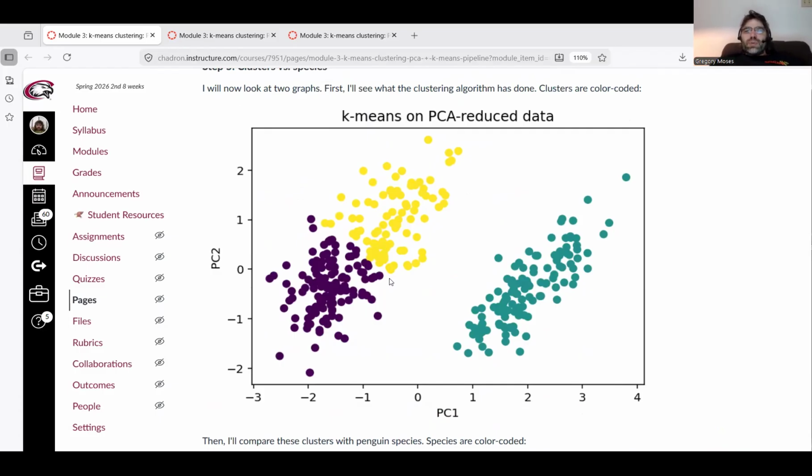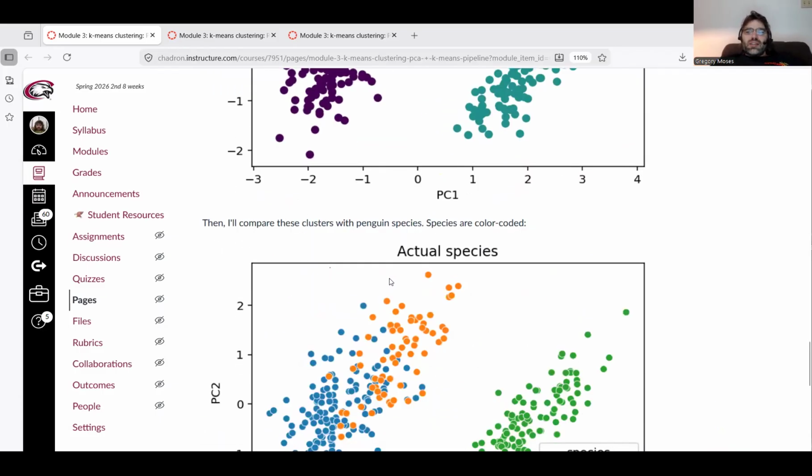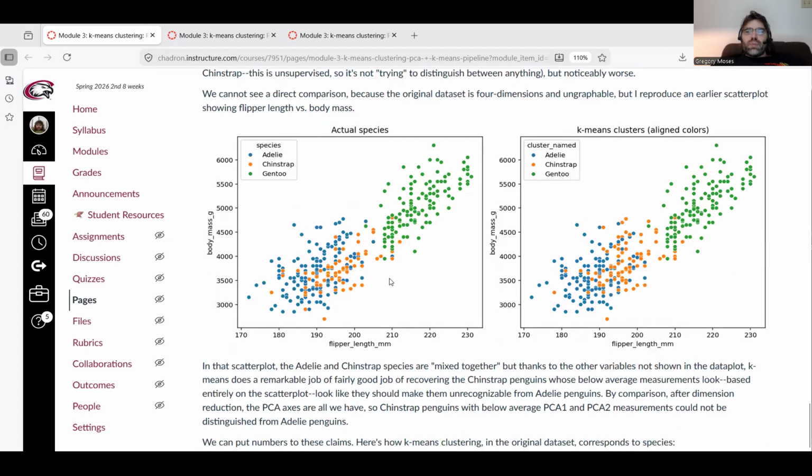when we did k-means, especially if we go back here. If we're not doing k-means, we can't look at all four dimensions at once. So here is just two dimensions at once. Here are the actual species.